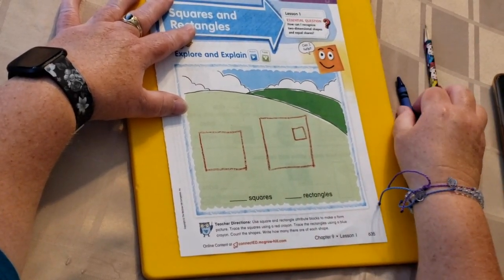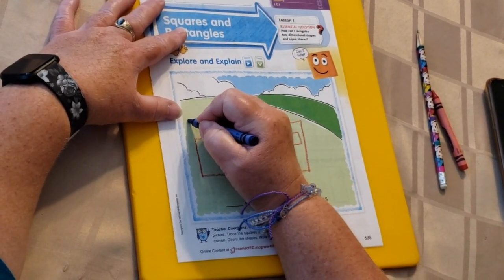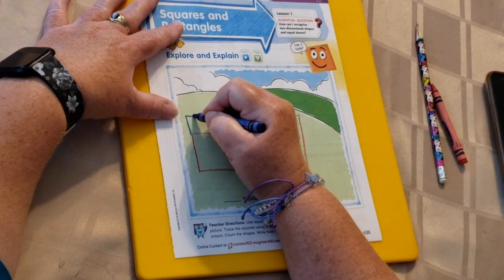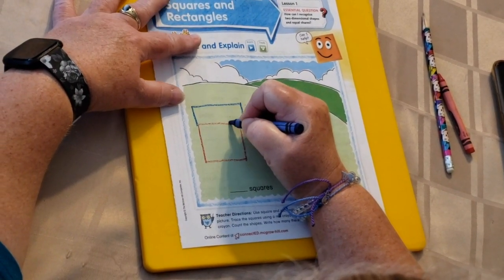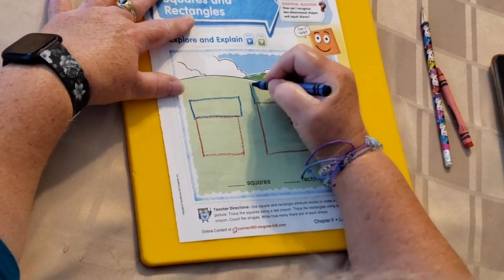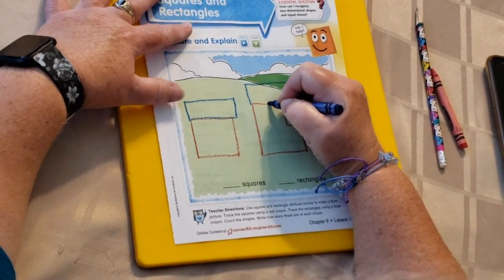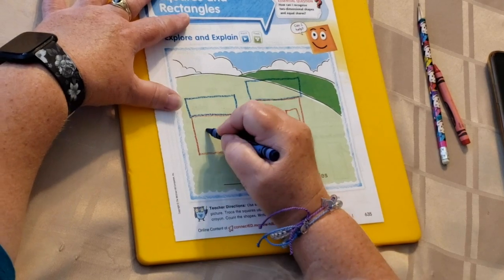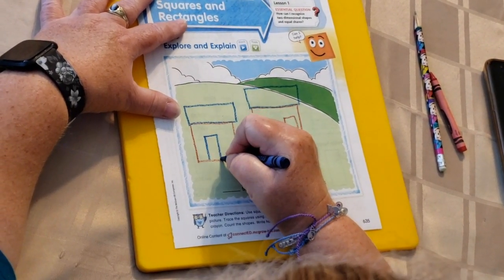All right, now let's make a roof that is shaped like a rectangle. So it's going to have two long sides and two short sides. And another roof. Let's put a door in both of our buildings.